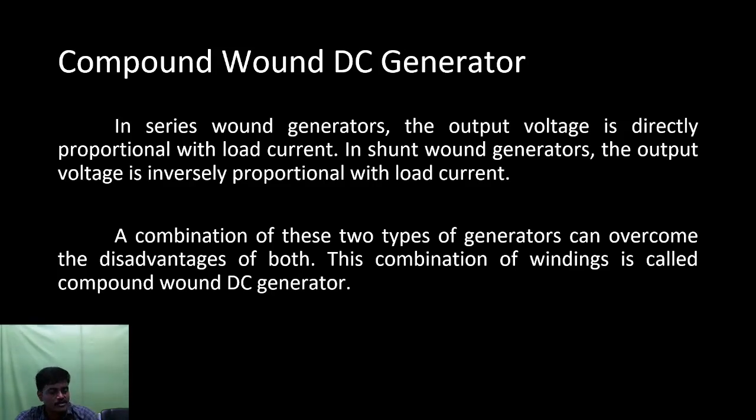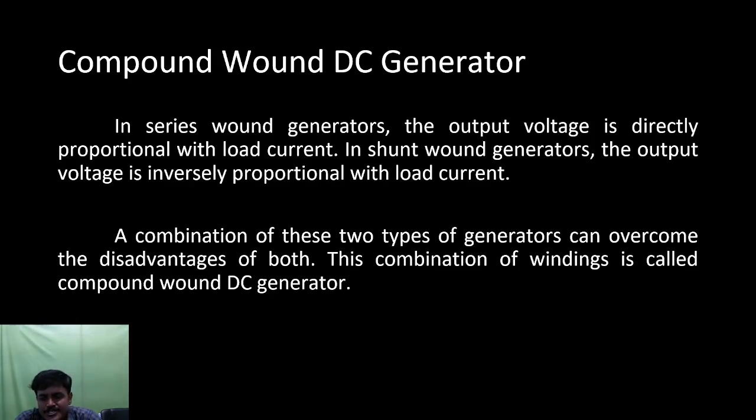The next one is the compound wound DC generator. In the series wound generator, the output voltage is directly proportional to the load current.